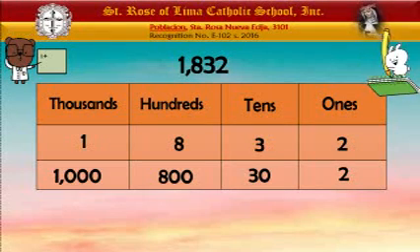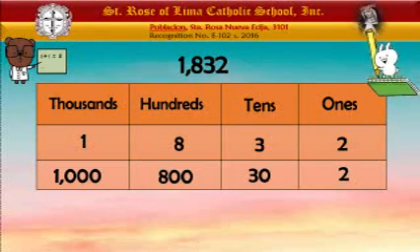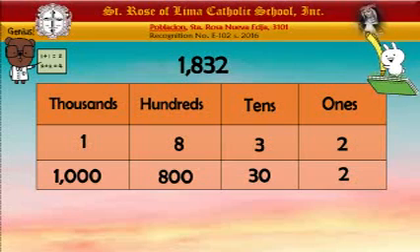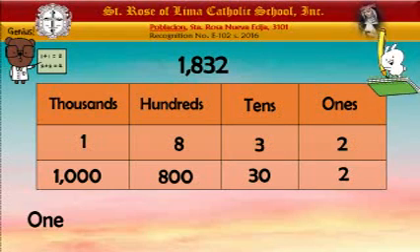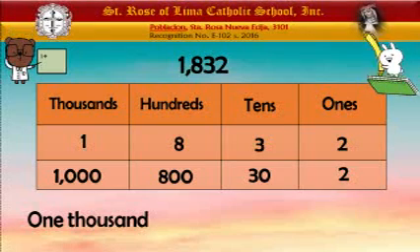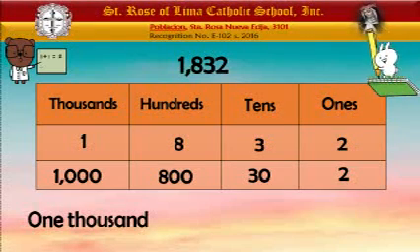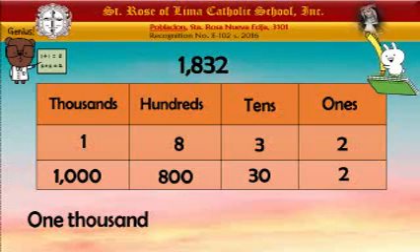So using the value, let us write 1832 in words. Let's start with the higher place value, which is the thousands. Write 1000 in words. So we write 1 and then the place value, which is thousand. Next is the hundreds. We have there 800.